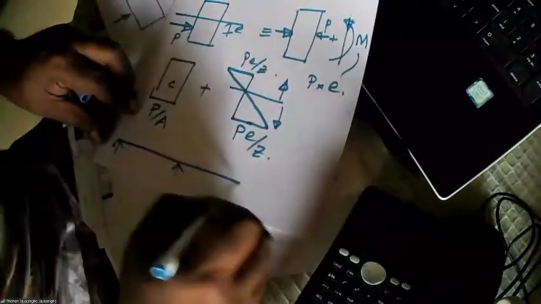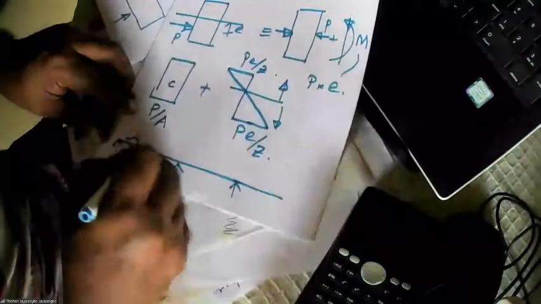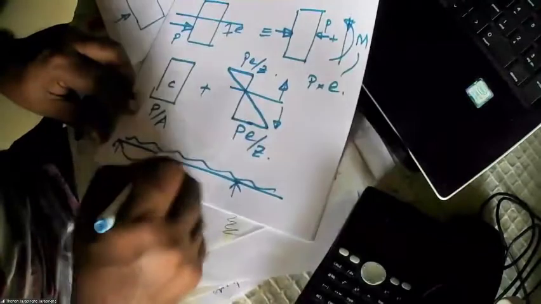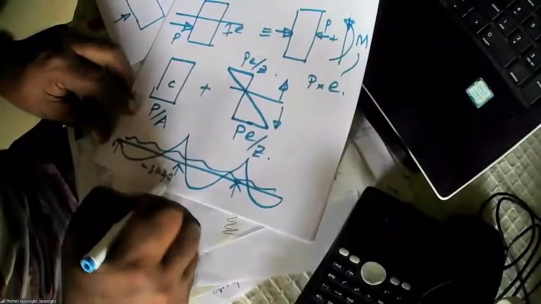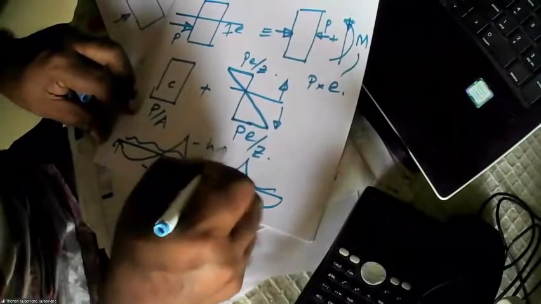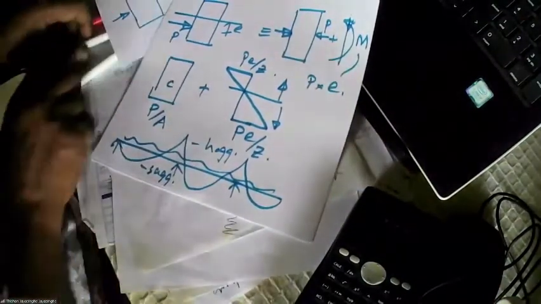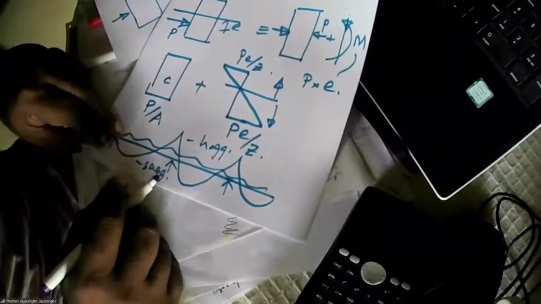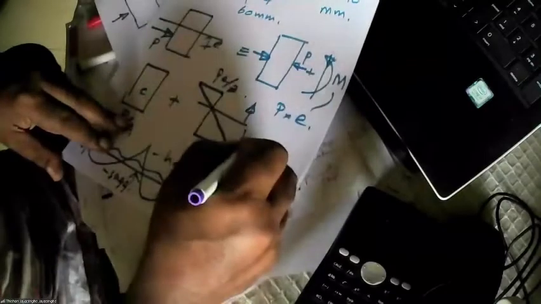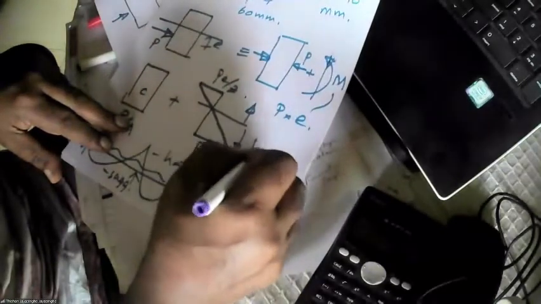When you have a continuous beam, you need a sign convention that is applicable to both sagging and hogging. So how can I have such a sign convention? I say, measure this way positive.